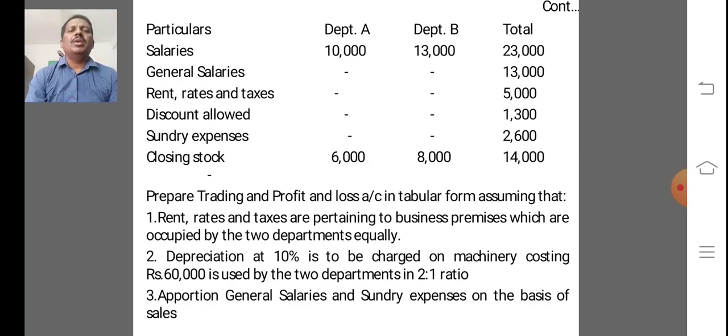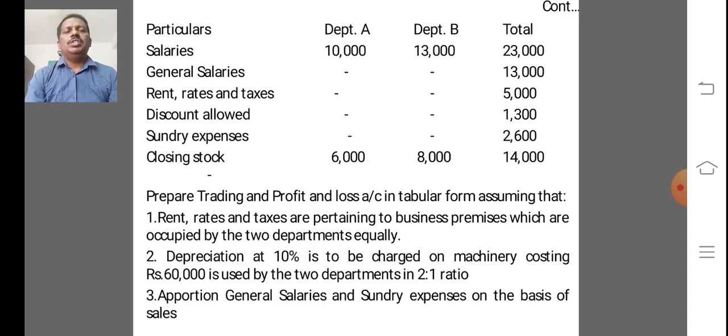The question is, prepare trading and profit and loss account in tabular form, assuming that rent, rates and taxes pertain to business premises which are occupied by the two departments equally, and depreciation at 10% is to be charged on machinery costing rupees 60,000, which is used by the two departments in 2:1 ratio.